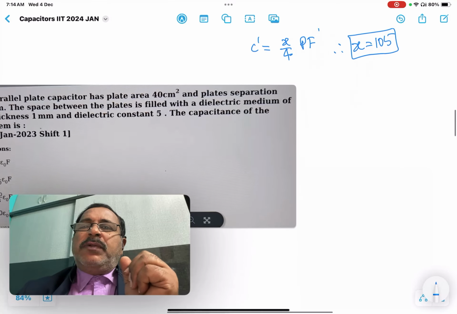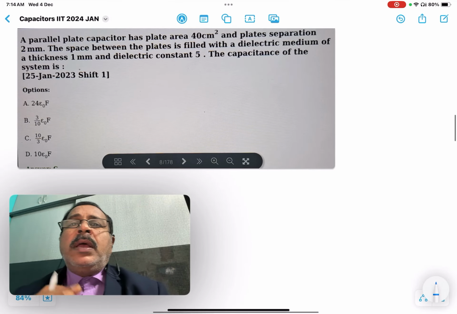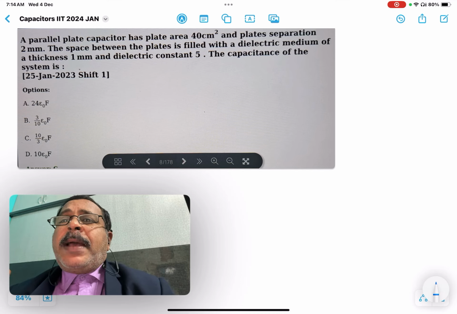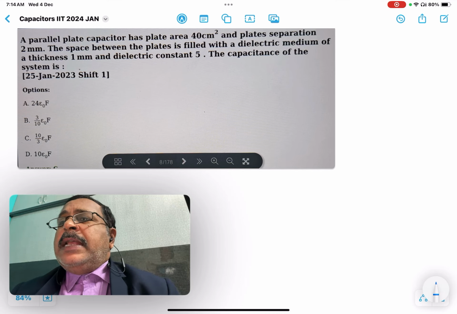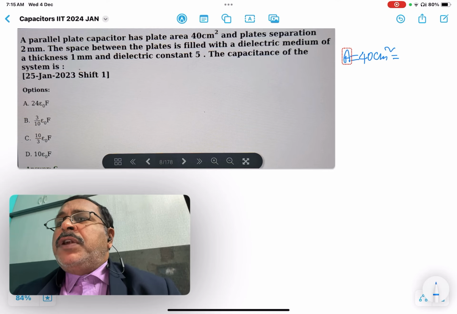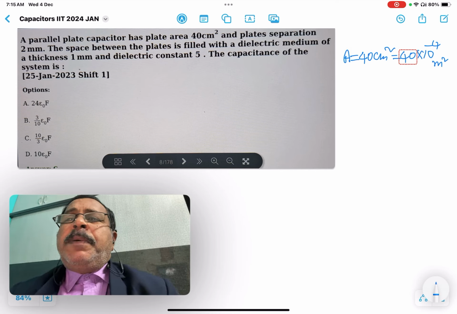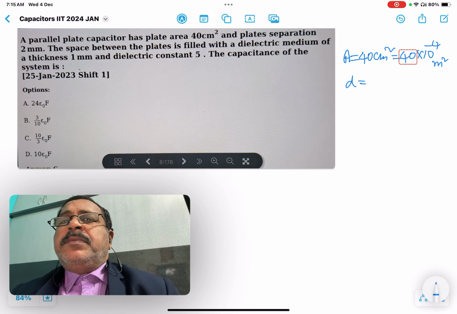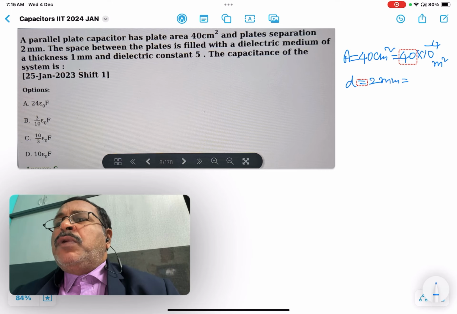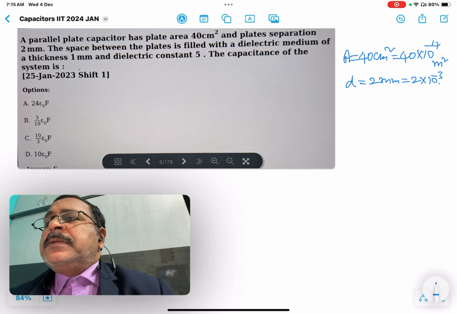Generally capacity increases by K times. Let us go to the second question. A parallel plate capacitor has an area of 40 centimeter square. We have to convert it into meter square: 40 into 10 to the power of minus 4 meter square, right? And the separation between them, D, is 2 millimeters, that equals 2 into 10 to the power of minus 3 meters.